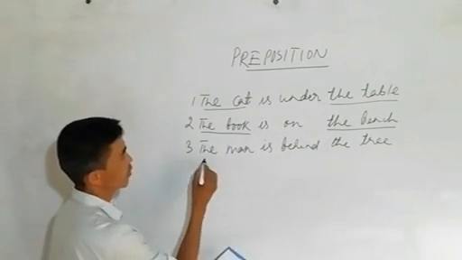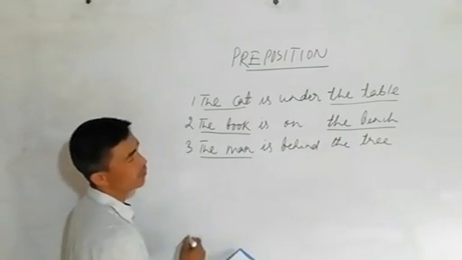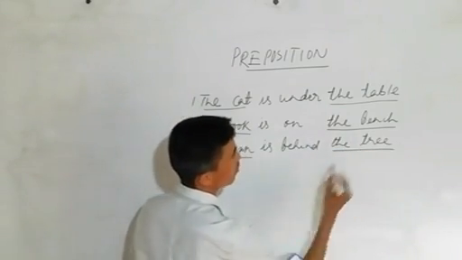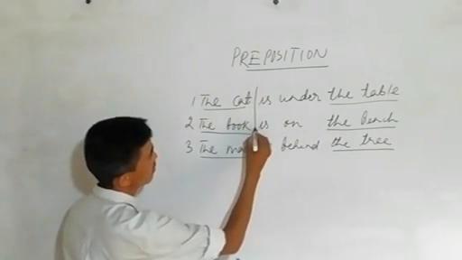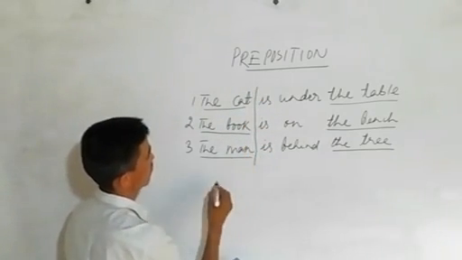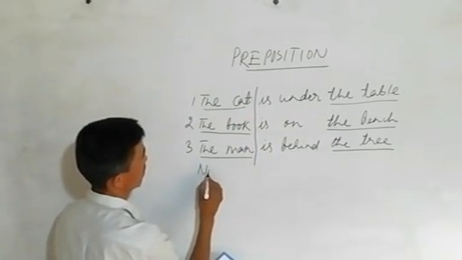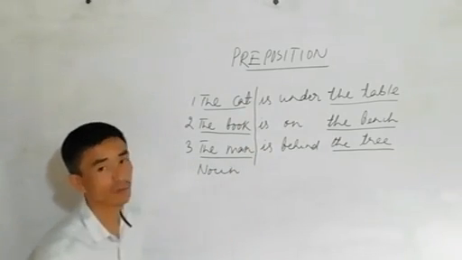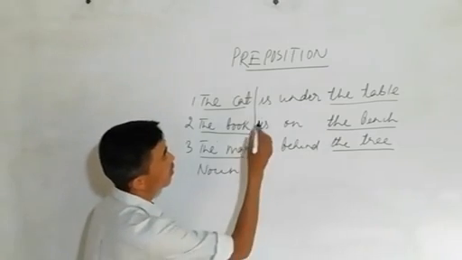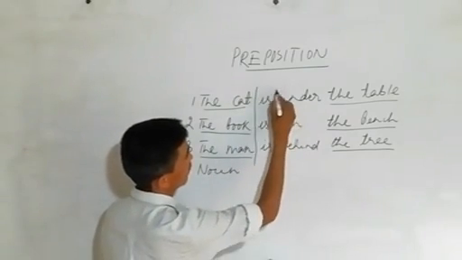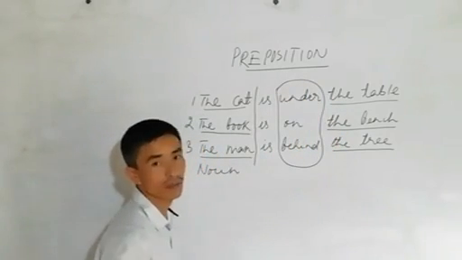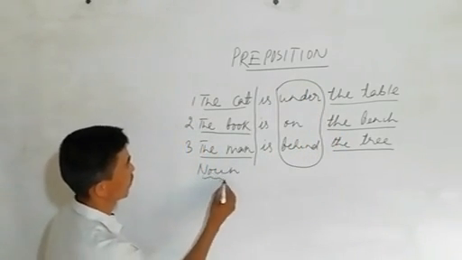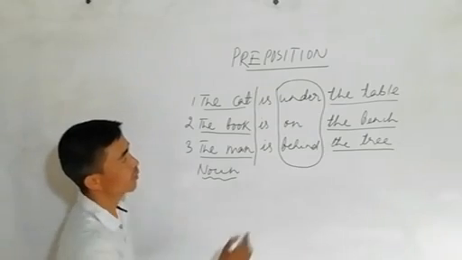In the third sentence, man is a noun, and the tree is also a noun. This one is a noun, and this is a noun too. We know it. What about this one?